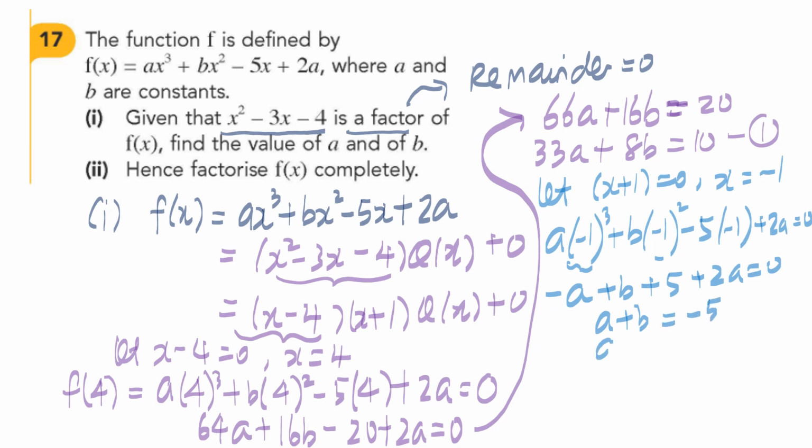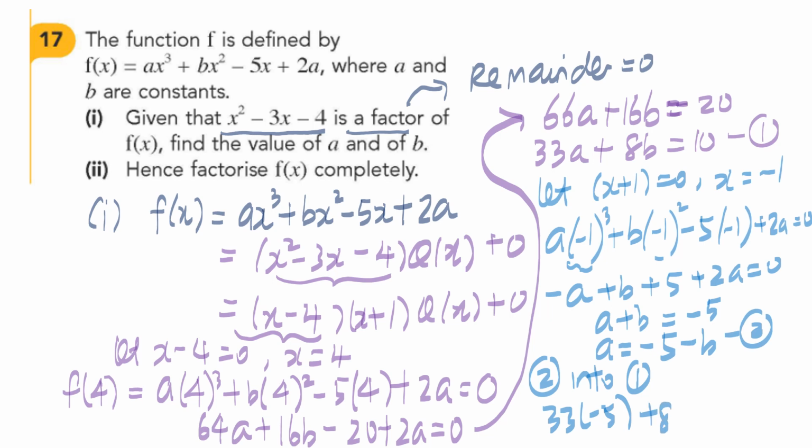We're going to make a the subject so that we can sub equation 2 into 1. You will get 33 bracket minus 5 minus b plus 8b equals 10. You simplify the in-between on your own.